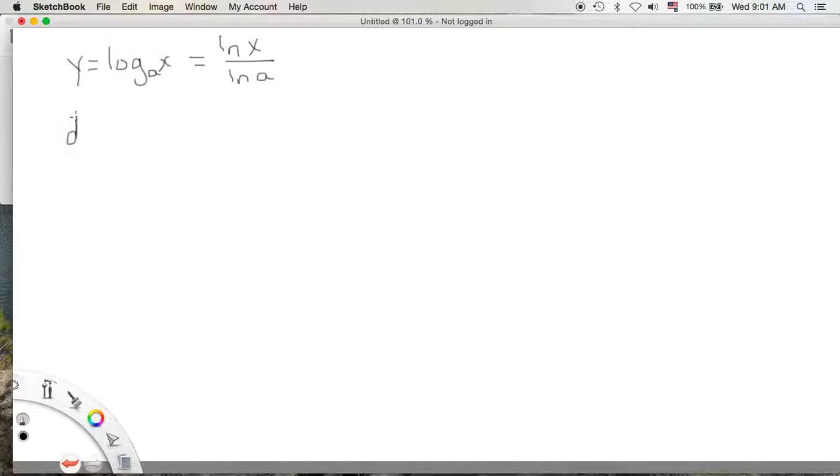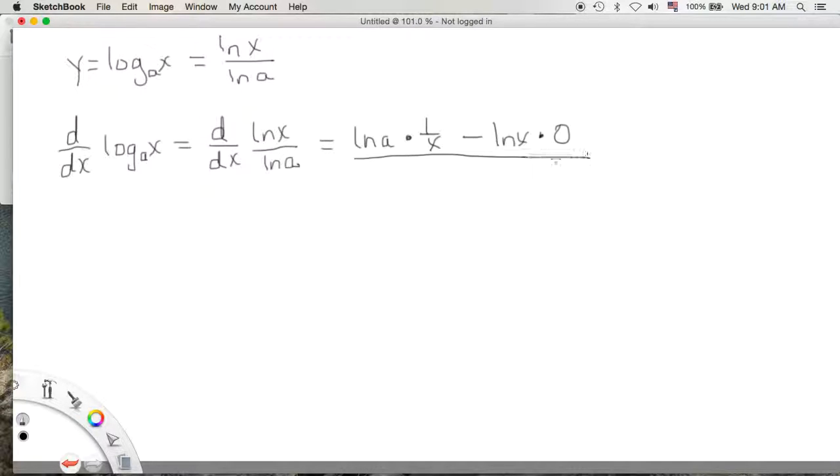So if we want to take the derivative of log base a of x, we're really taking the derivative of the natural log of x over the natural log of a. So here we use our quotient rule. Bottom times the derivative of the top minus top times the derivative of the bottom. Remember, natural log of a is just a number, all over the bottom squared.